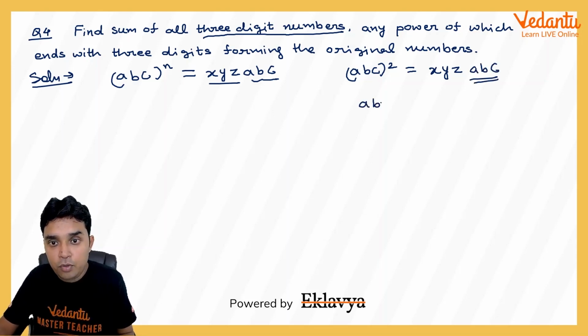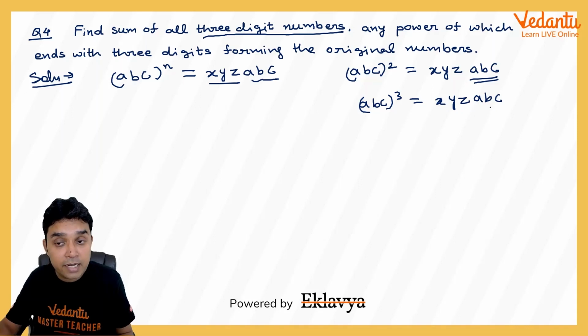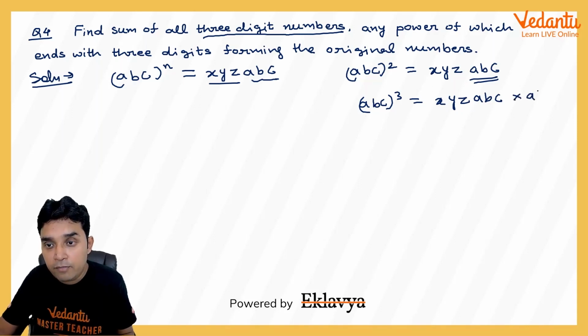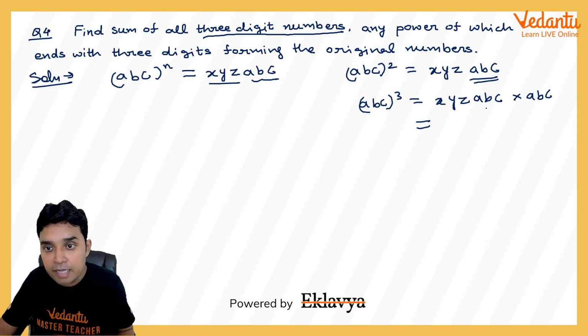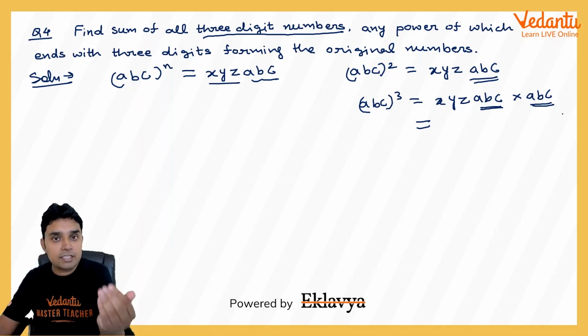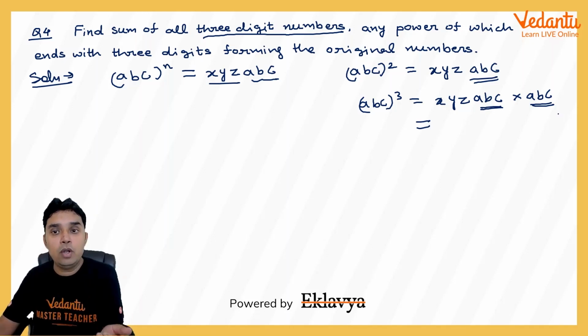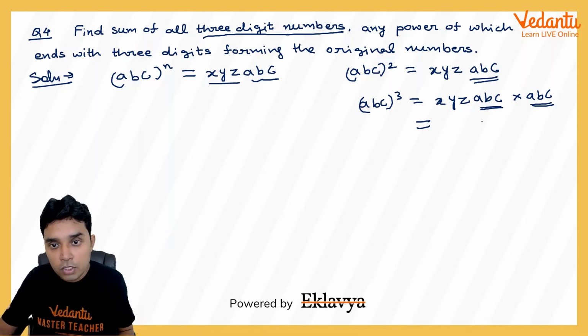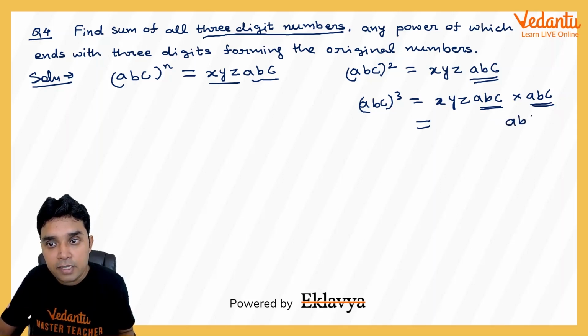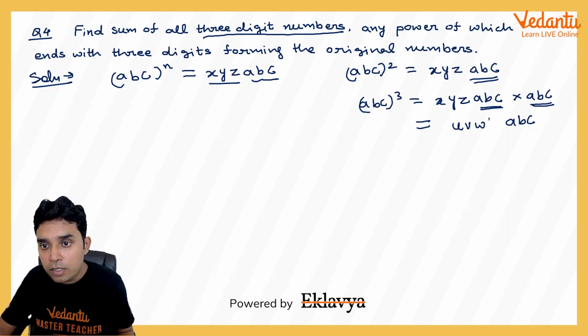Then if you take cube, this will also hold, because XYZ ABC multiplied with ABC, the last 3 digits will be decided only by the product of this ABC with this ABC, because XYZ has a numerical value equal to XYZ into 1000. So here you will be having ABC in the last 3 places. Maybe your first places can be U, V, W, T, R, something like that. But last 3 places will be ABC.